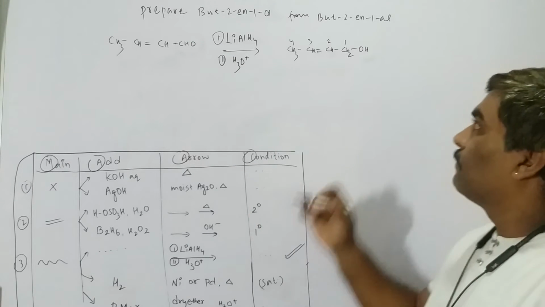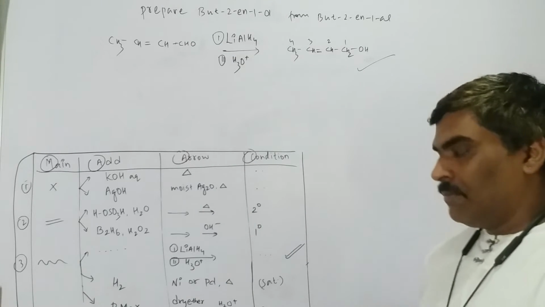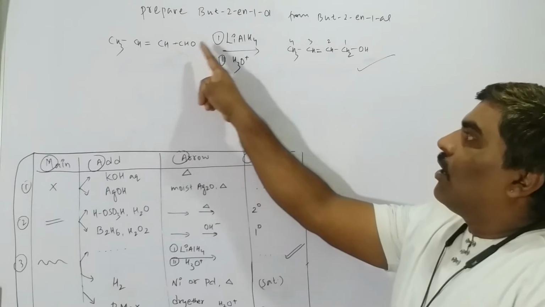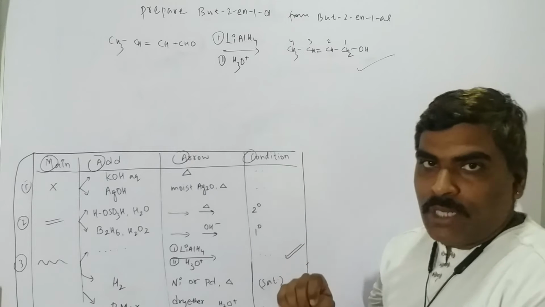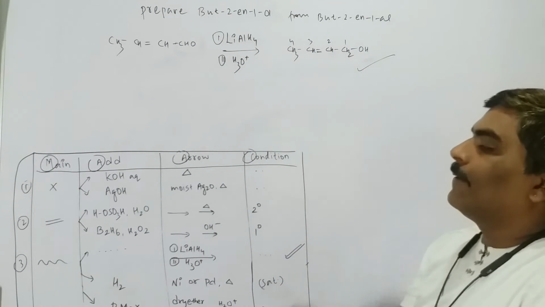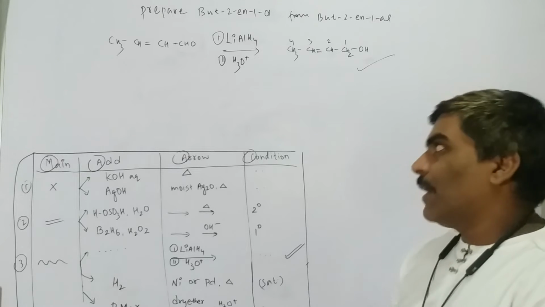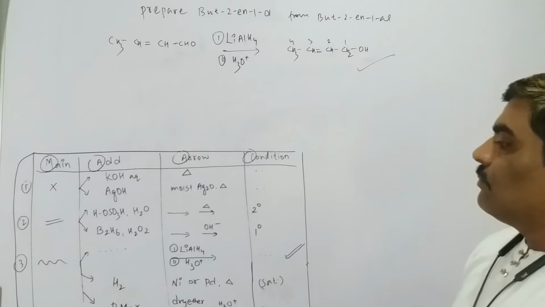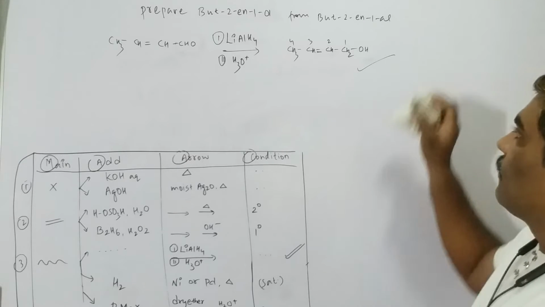This is done. Unsaturated aldehyde on reduction with lithium aluminium hydride gives unsaturated alcohol. Okay. Now we'll go for a new question here. Then you will understand more.